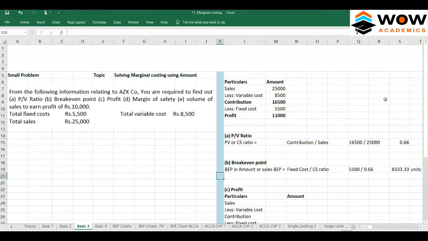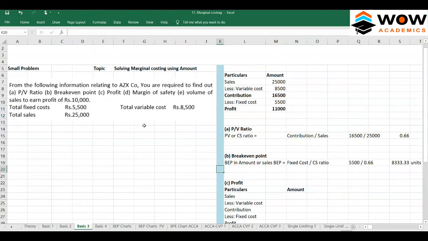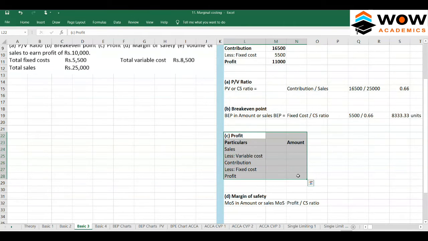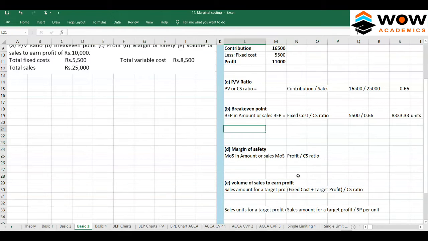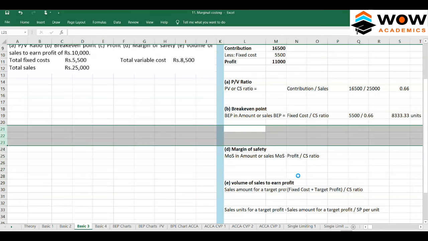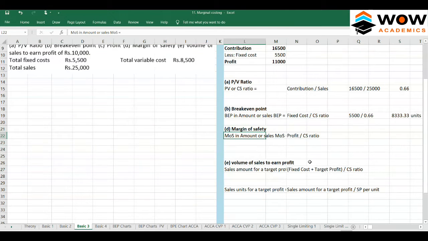So the next question is, what is the profit? I think we have found the profit already, here. We don't need to do it separately. We started with profit only, so we'll skip that. We'll do MOS.